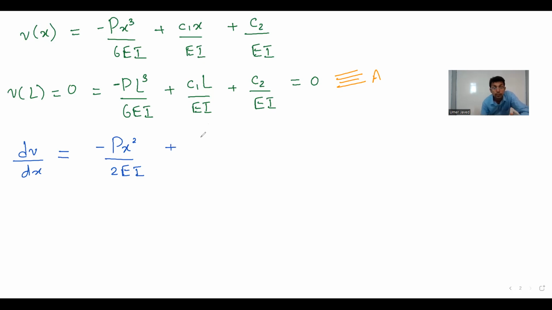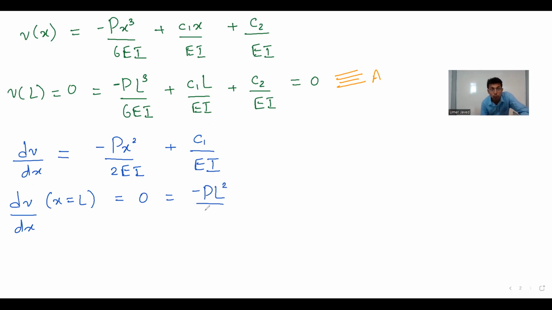Plus C1 over EI, and you have this at x equal to L is equal to, what is the boundary condition? 0. And you get minus PL² over 2EI plus C1 over EI is equal to 0. So this is your second equation.